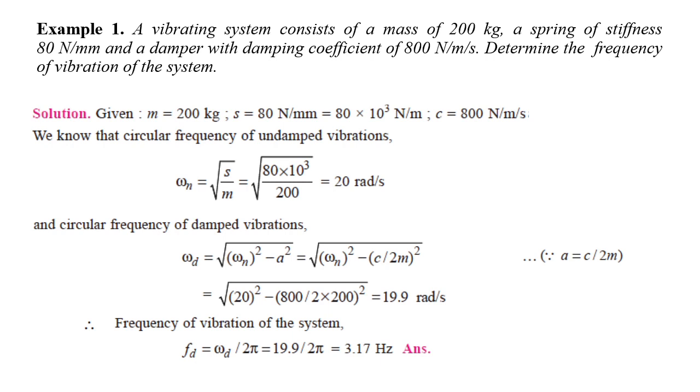Convert it into Newton per meter, and m is the mass attached to spring and damper. You will get omega n, and you will get the value of constant a by a is equal to c by twice m, where c is a damping coefficient. It is given in Newton per meter per second. Now once you find omega d, put the value in the formula of Fd, you will get the frequency as 3.17 Hz. Pause the video, do the calculation on your own. The simple problem it is.